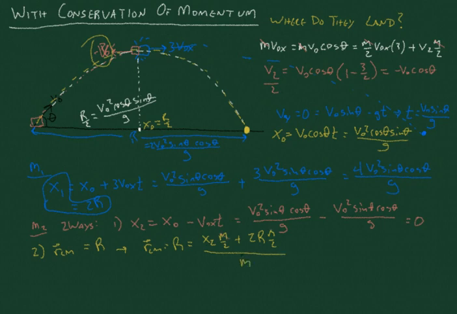So again, the m's cancel out, and the 2's cancel out, so we have an r, so we subtract that from the other side, and so we see that x2 again is still equal to 0. So there's 2 different ways we could do it. We could have done it by plugging it back into the equations of motion, but we also check by making sure that the center of mass still lands in the middle, and it does.